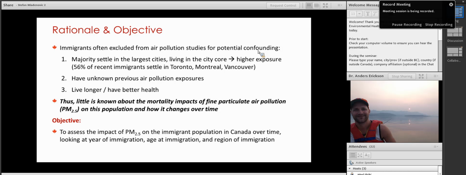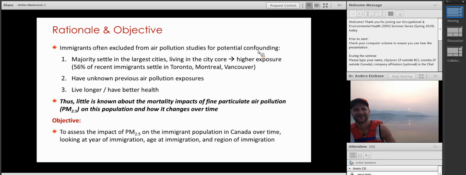The other part is that the less successful immigrants potentially also move back home, so you start seeing the selection bias of those who remain in Canada. Some of the research suggests it doesn't seem to be a driving factor, but it does exist.